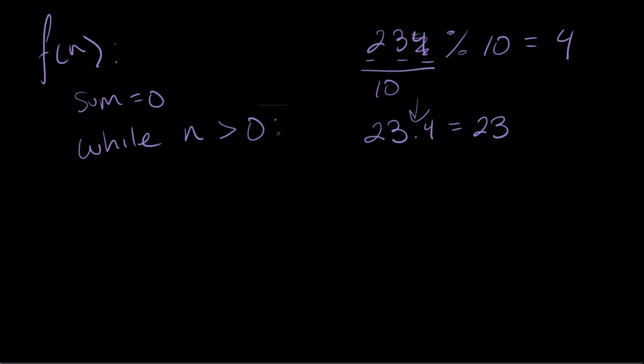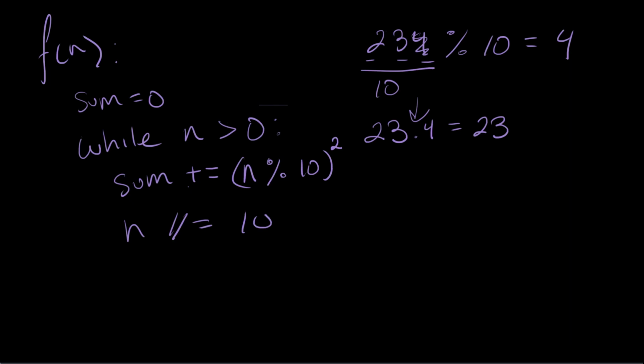So while n is greater than 0, sum plus equals n mod 10 squared, and then n is equal to n divided by 10. This is integer division, in case you don't know.